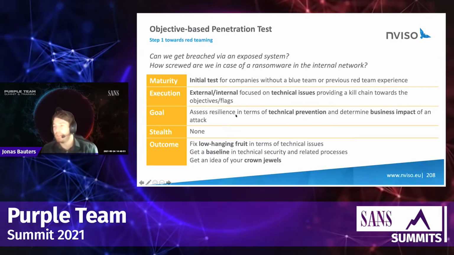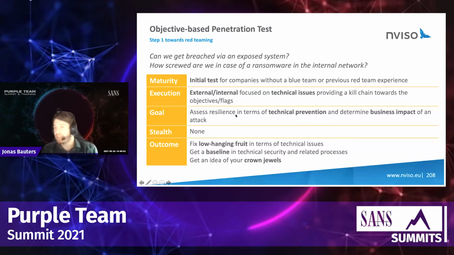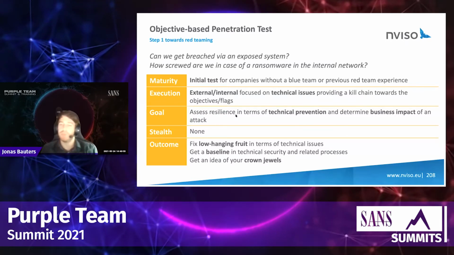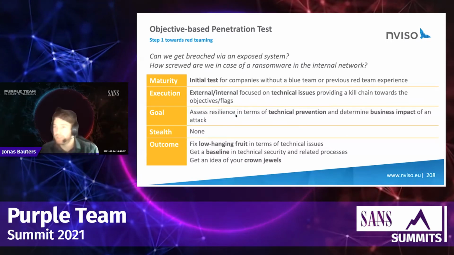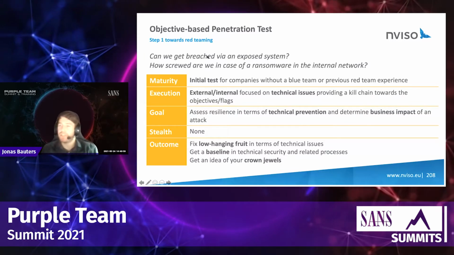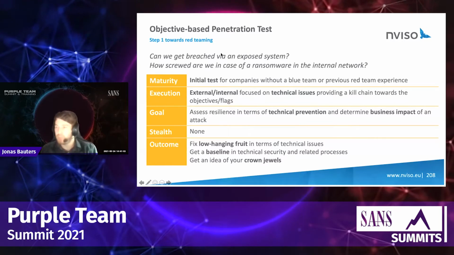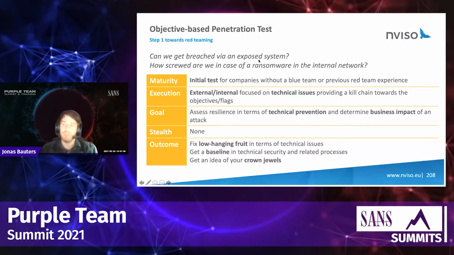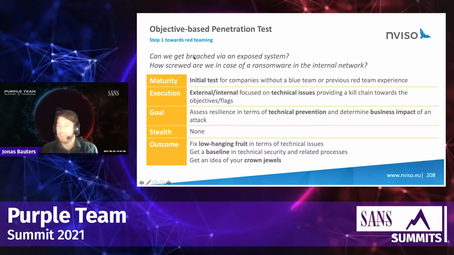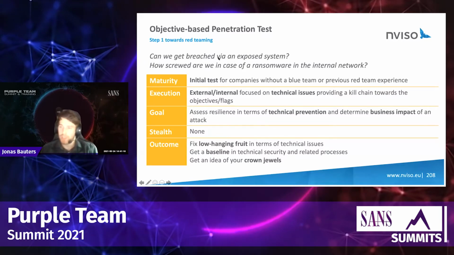The techniques that we use here are quite noisy. They're just going straight for the objective, which could be domain admin in this case. So this type of test is really a first test after the traditional penetration testing, moving on towards objective-based testing, as the name implies.